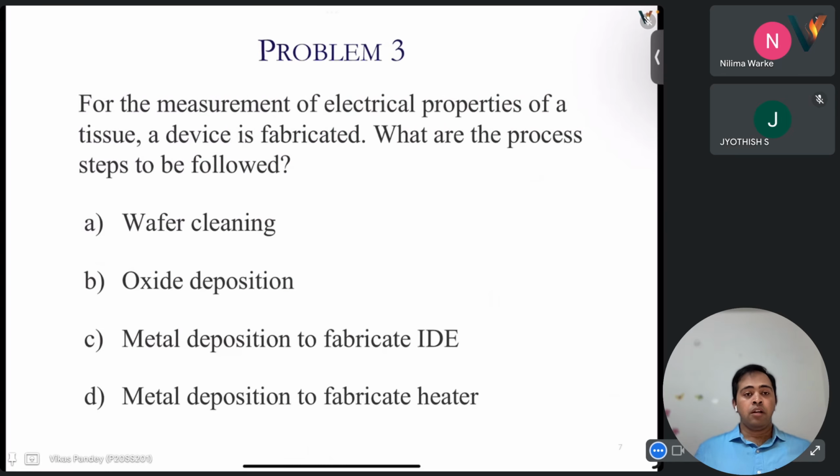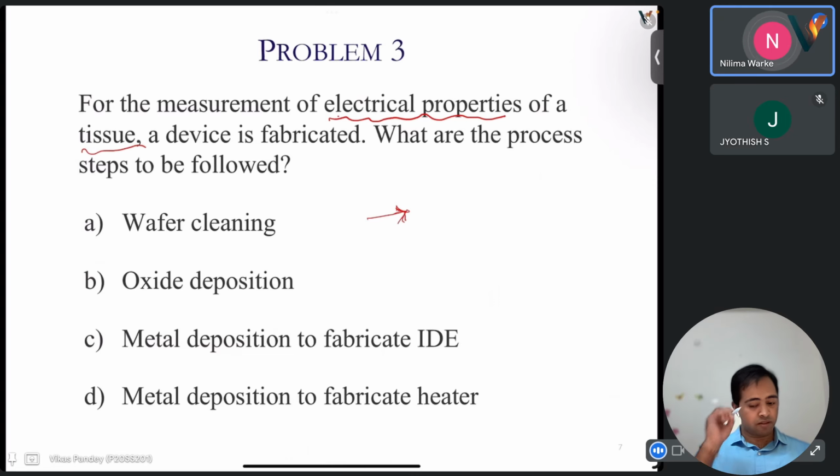Fine. For the measurement of electrical properties of a tissue, a device is fabricated. What are the process steps to be followed? Here we are measuring the electrical properties of a tissue. What are the electrical properties we can measure?